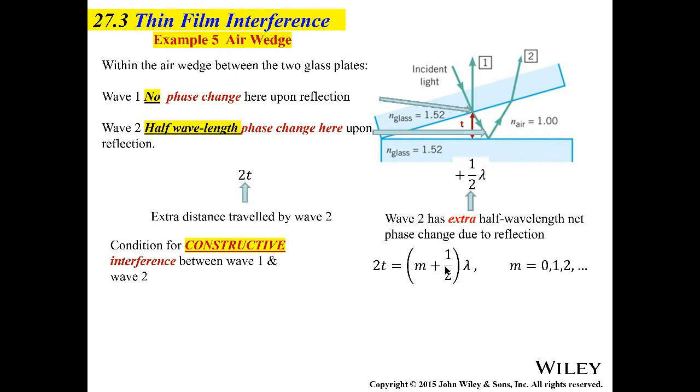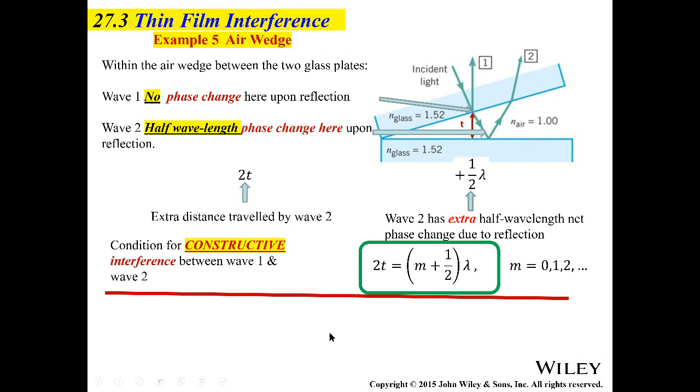That means you have already gotten a 180-degree phase change just by the travel itself. But the reflection itself added an extra 180 degrees. Therefore, when you come up through here, you are absolutely in phase with 1. So you have constructive interference. And m can be 0 or 1 or 2 or 3 and so on.